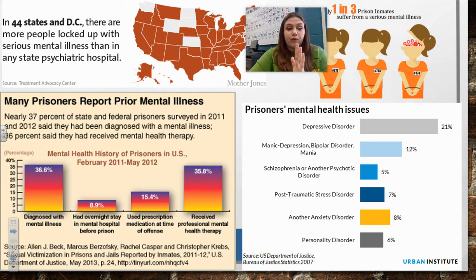In all these 44 states, there were more people locked up that they knew had a serious mental illness. They were already diagnosed before they were imprisoned, and now they're in prison with that illness, and there's way fewer psychiatric hospitals. So it's something to ponder.